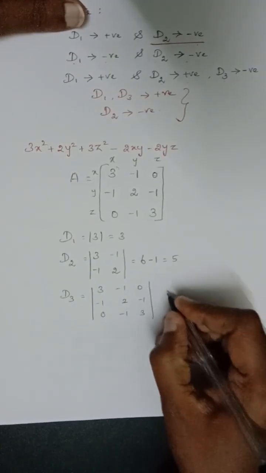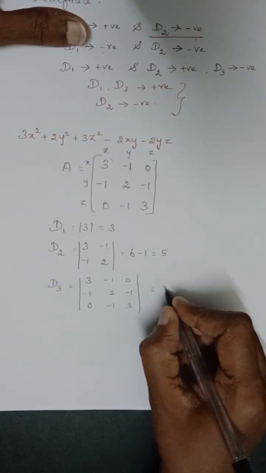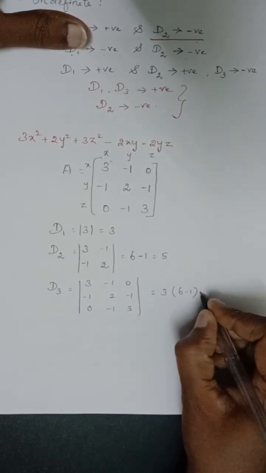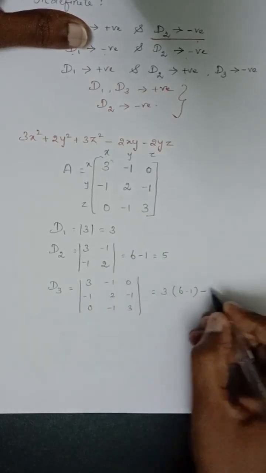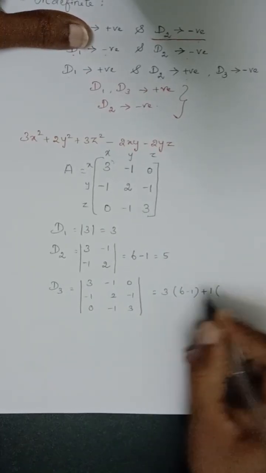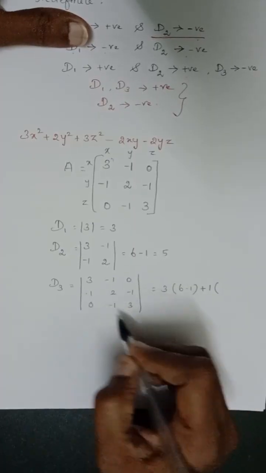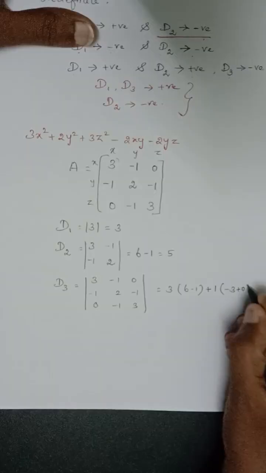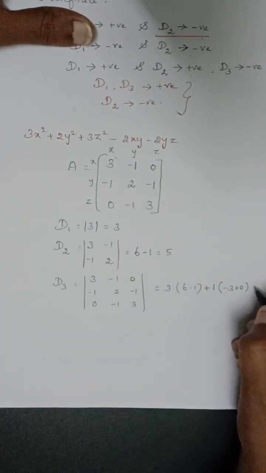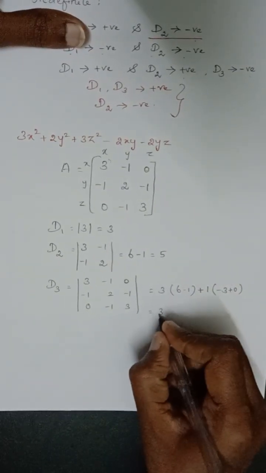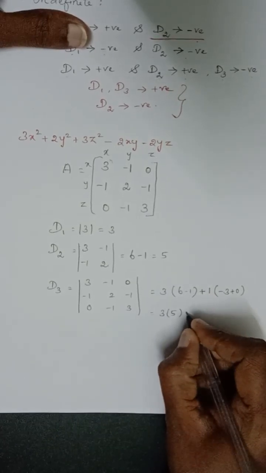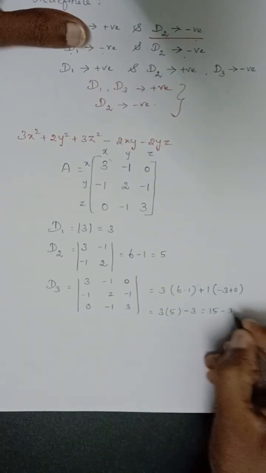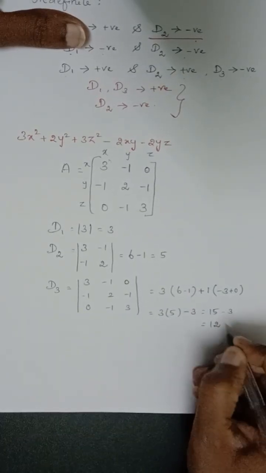First we write 3 into the 2 by 2 determinant, 6 minus 1, and the second term is minus, with minus, so plus 1 into the minor leaving that row and column, which is minus 3, and the third element 0 gives 0. So 3 into 5 plus 1 into minus 3. 5 threes are 15 minus 3, it becomes 12.